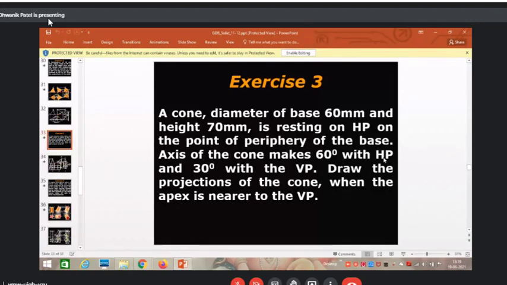Instead of HP here you will mention vertical plane, and instead of vertical plane you will mention HP, when the apex is nearer to the HP plane, and solve this problem. So exercise number 3 and exercise number 5, these two exercises you have to complete in your sketchbook.